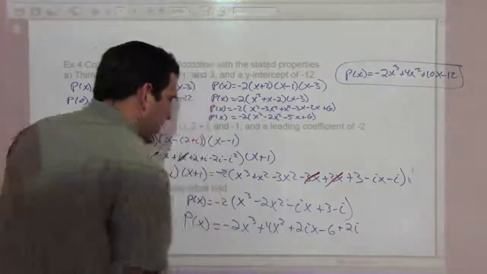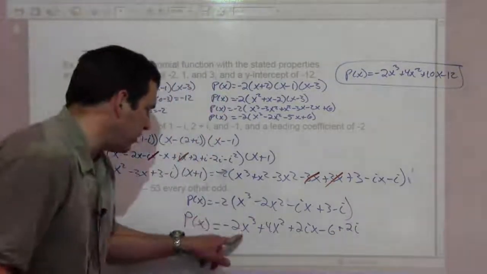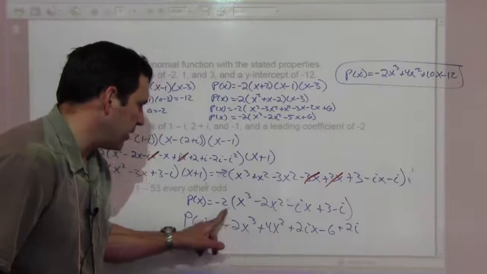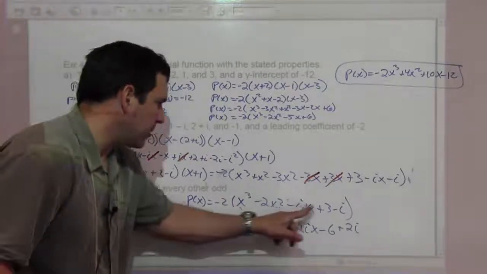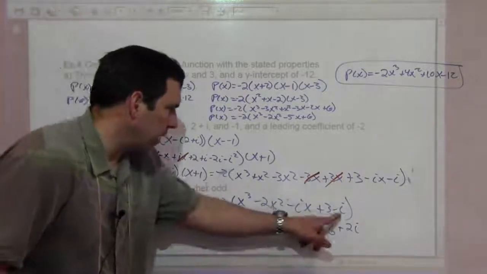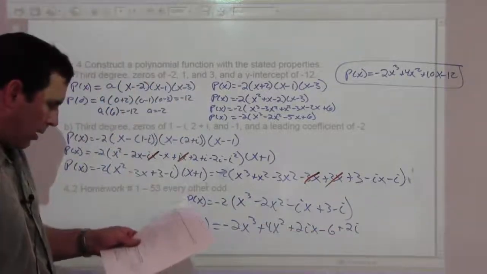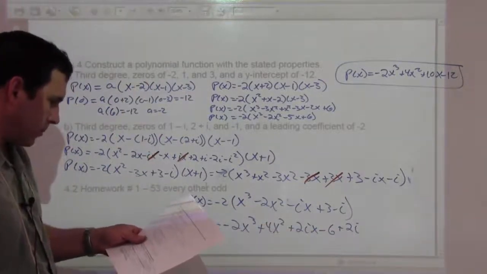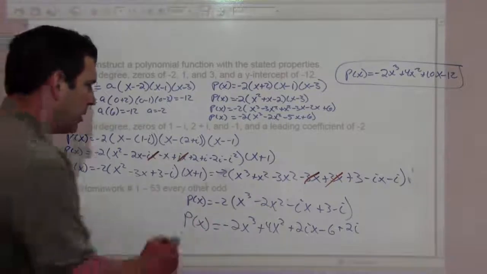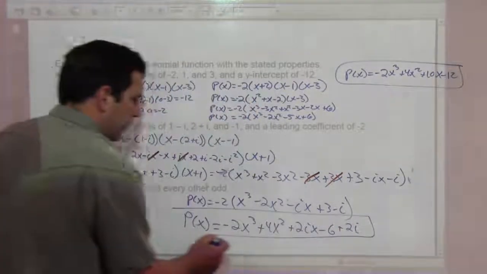I want to double check the negatives. So negative times positive, good. Negative times negative is positive. Negative times negative is positive. Negative times positive is negative. Negative times negative is positive. Okay, I think that looks like it's about it. Yep, that's it. Okay, we are good.